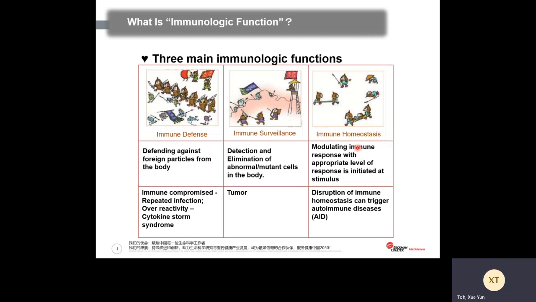In cases when the body fails to detect or eliminate abnormal and mutated cells, these cells are likely to proliferate and form tumors. Disruption of immune homeostasis can easily trigger autoimmune disease. These three main functions of our immune system form a tightly regulated network to ensure that we are well protected and to maintain our physiological condition.